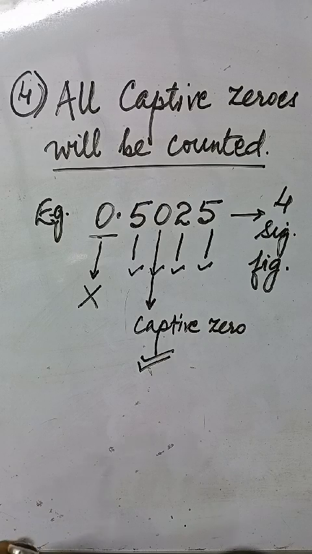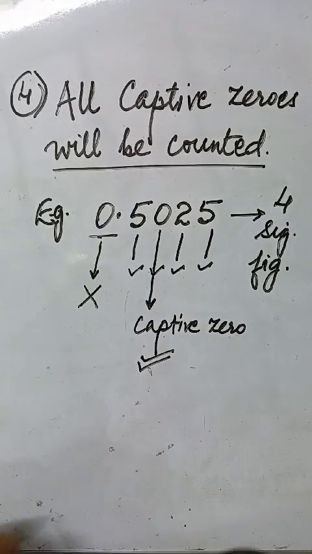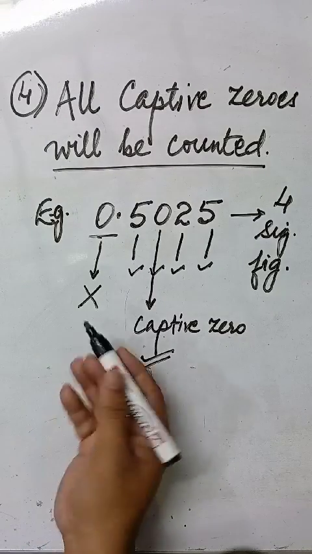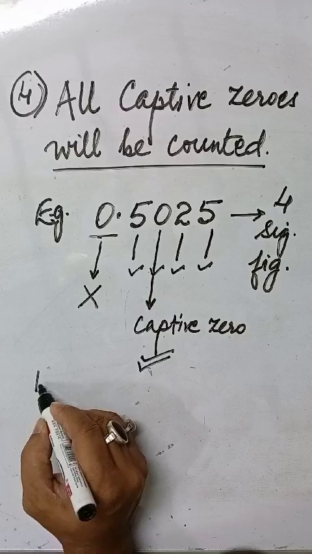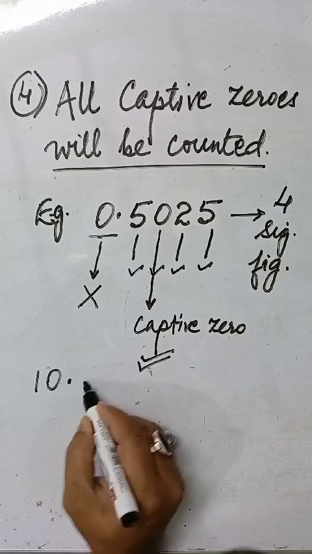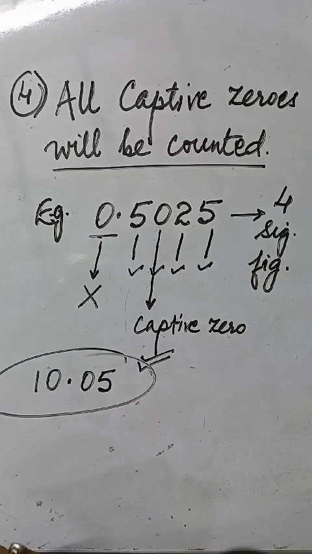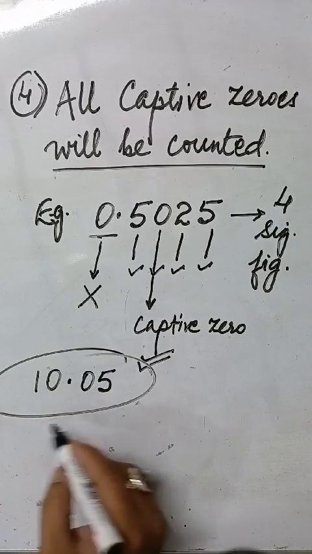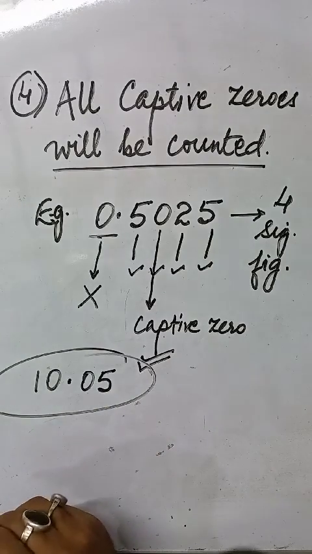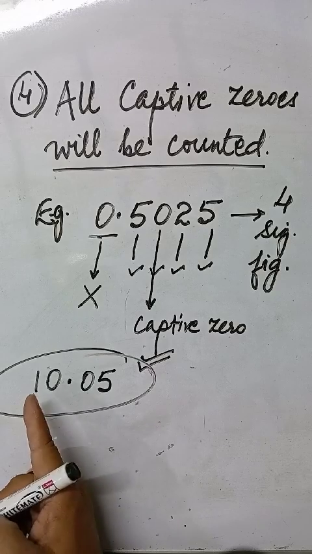Okay, I am sure that this would clear most of your doubts regarding significant zeros. Let's take up one last example of this same kind. Suppose I have 10.05 as a number, and I want to know how many significant figures are there in this. So any leading zeros?